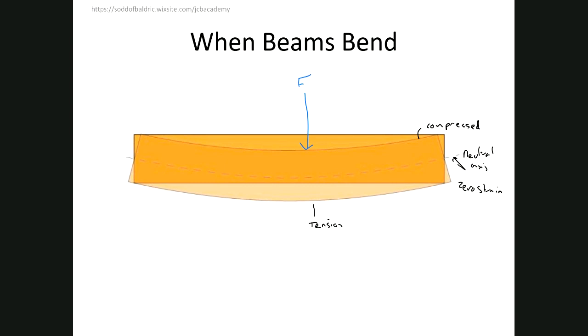Right, okay, so what causes the bend, or more importantly, what causes it to bend more or less than the other, is a feature of beams called the second moment of area.